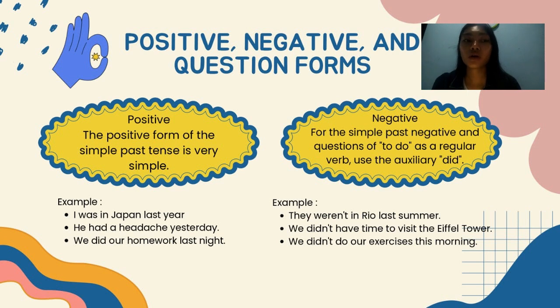Negative: for the simple past negative and question of do as a regular verb, use the auxiliary did. Example 1: They weren't in Rio last summer. 2: We didn't have time to visit the Eiffel Tower. 3: We didn't do our exercise this morning.